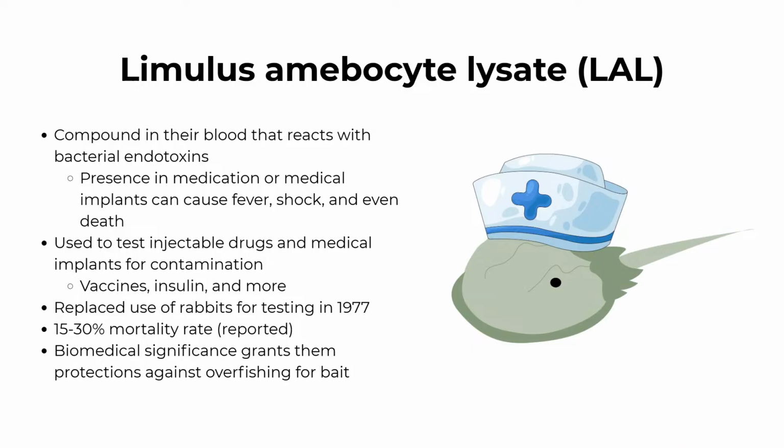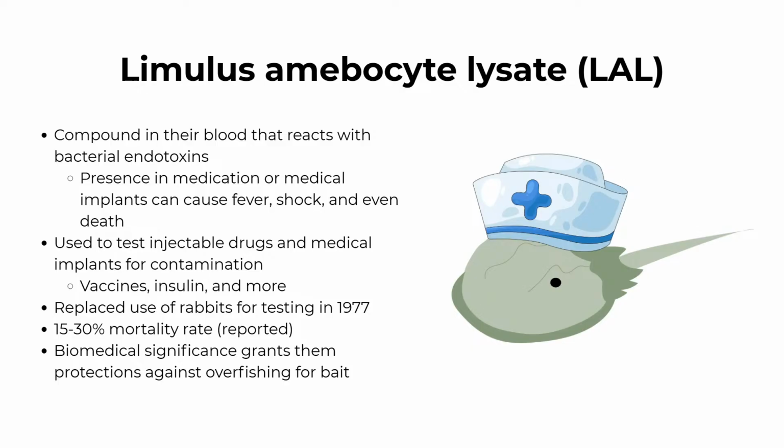I know that using animals in medical contexts is controversial, and it can be a difficult topic to think about. However, the horseshoe crabs and their blood used in our medications has saved hundreds of thousands of lives. If you've ever had a vaccine, that vaccine was safe because of horseshoe crab blood.